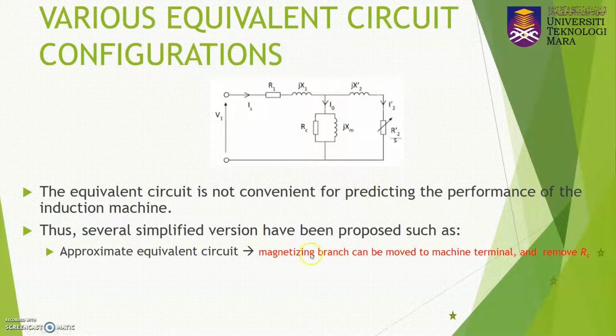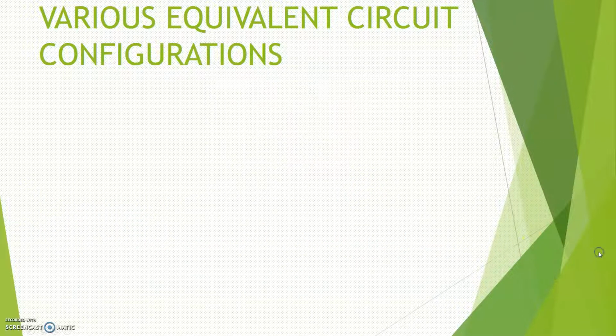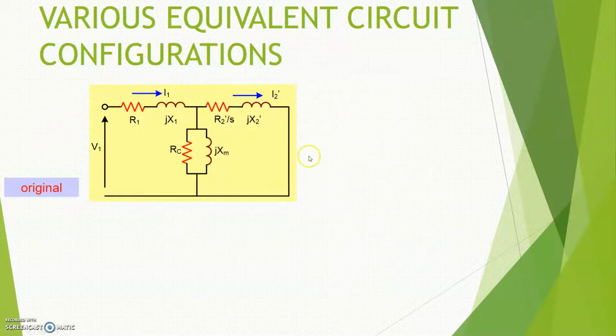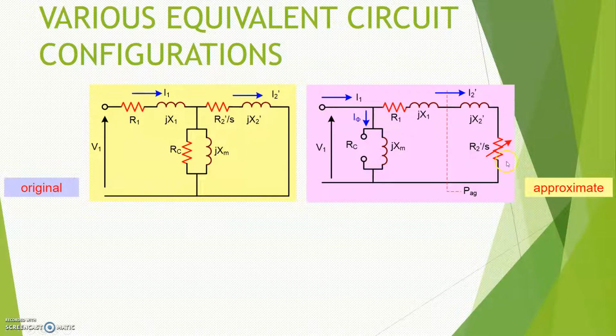This is the original circuit, and this is how the approximate equivalent circuit of the induction machine looks like. You bring the magnetizing branch to the terminal, to the primary side, and then we just remove the Rc.